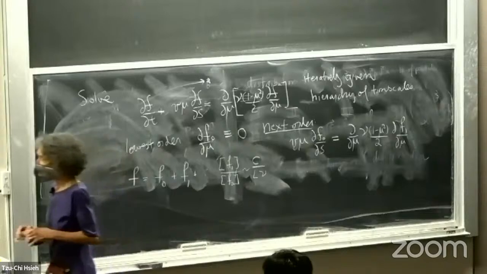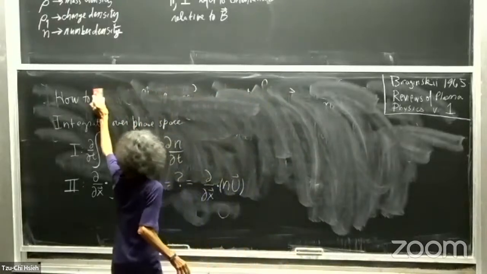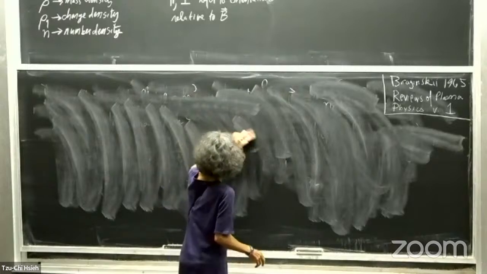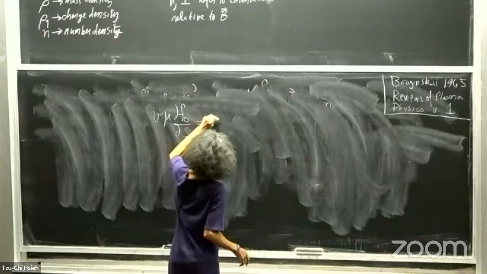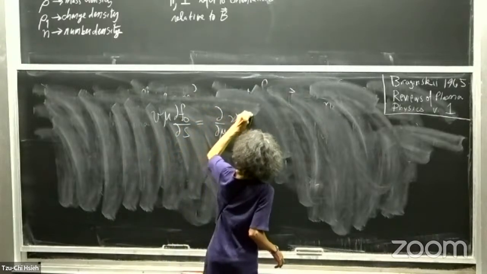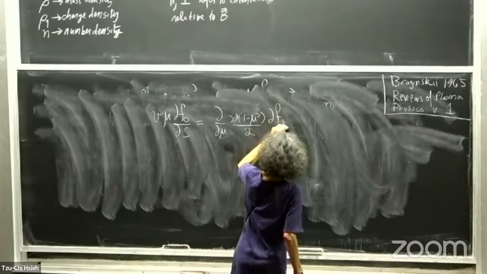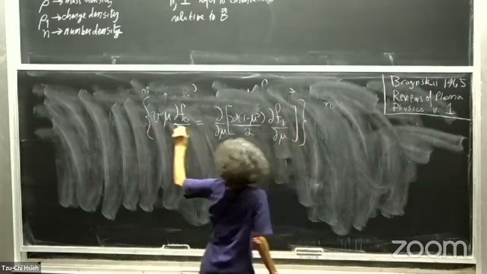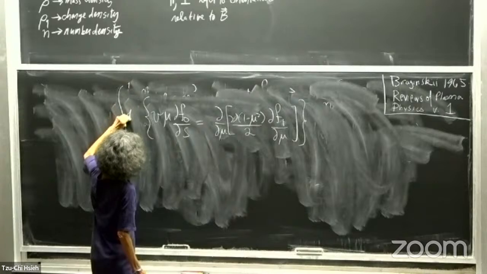So to solve this, let's go over here. Let's integrate this equation from some starting value, mu naught, to 1 d mu.